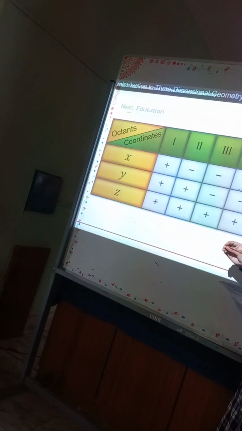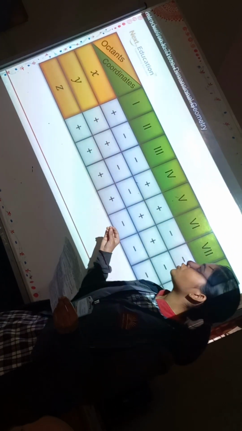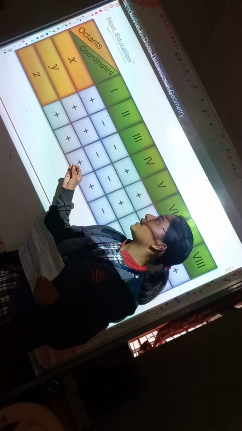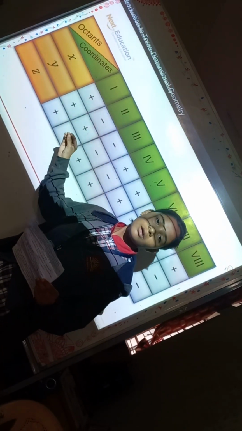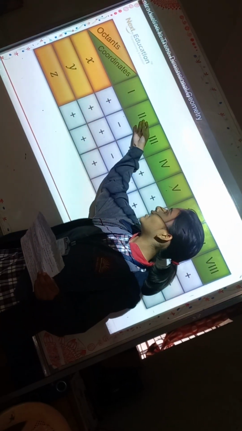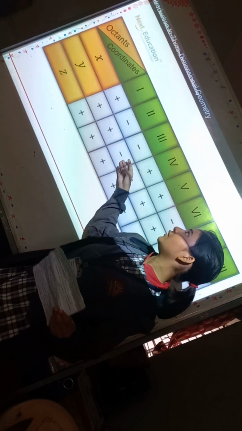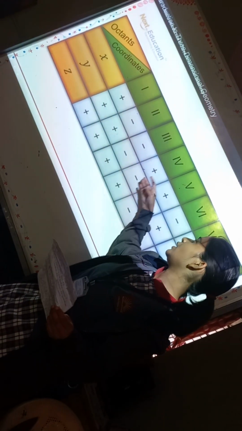Now we will see a shortcut trick to find the signs of the coordinates in various octants. We already know the signs of the coordinates in the quadrants. In the first quadrant, positive, positive; second quadrant, negative, positive; third quadrant, negative, negative; and in the fourth quadrant, positive, negative.